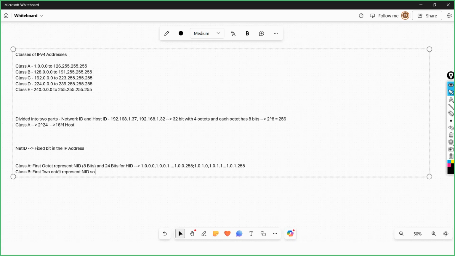The first two octets represent the network ID. So there will be 16 bits of network ID and 16 bits of host ID. Okay.